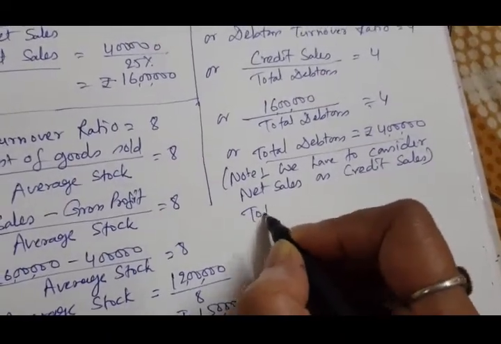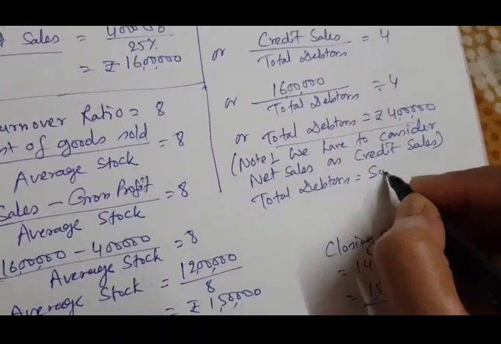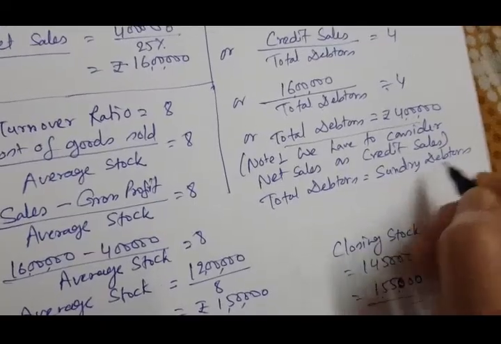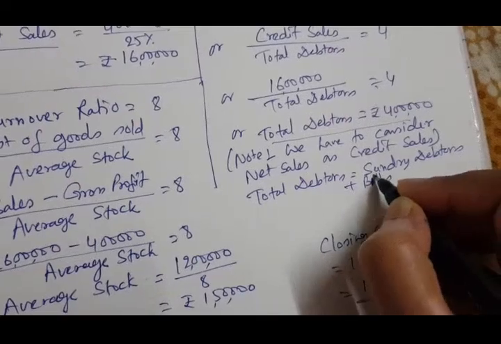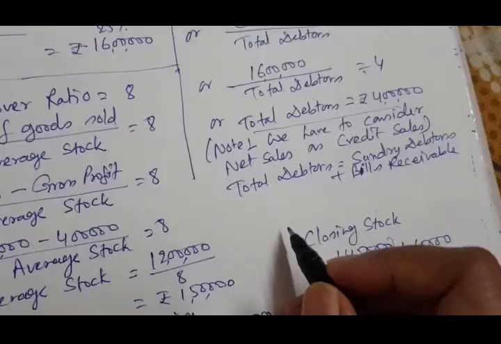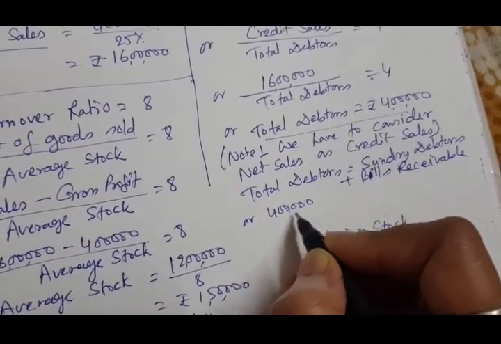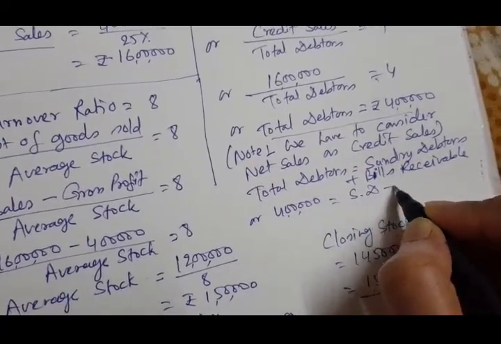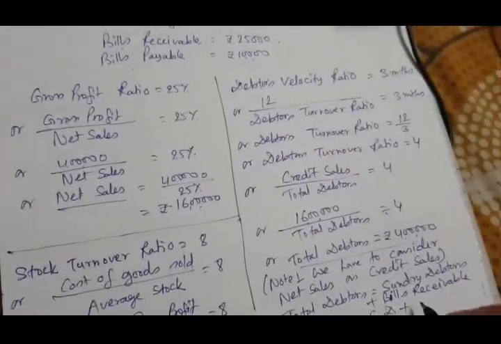Total debtors is equal to sundry debtors plus bills receivable, or any receivable. Total debtors we have computed as 4 lakh, and sundry debtors is not known to us, but bills receivable is known to us as 25,000. So let me put it.